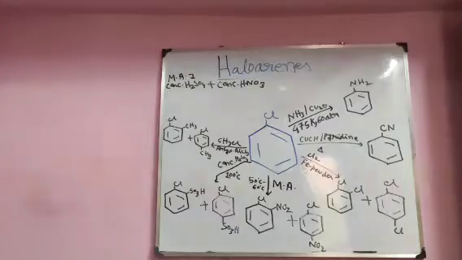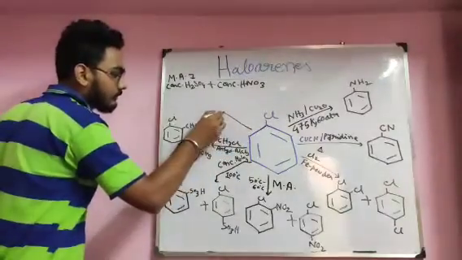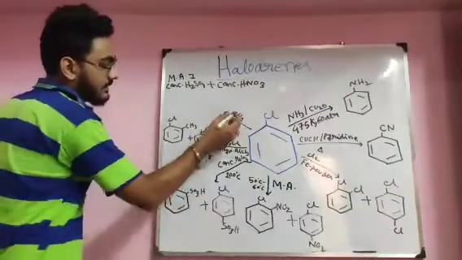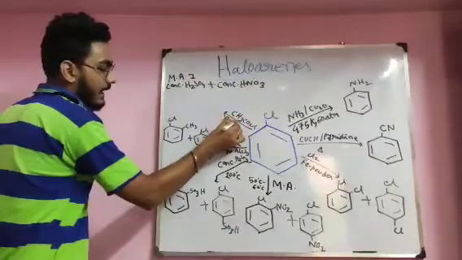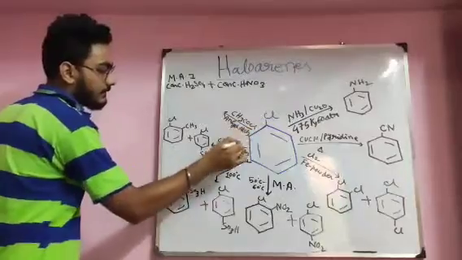Next is Friedel-Crafts acylation. The reagent used in Friedel-Crafts acylation is CH3COCl and anhydrous AlCl3.